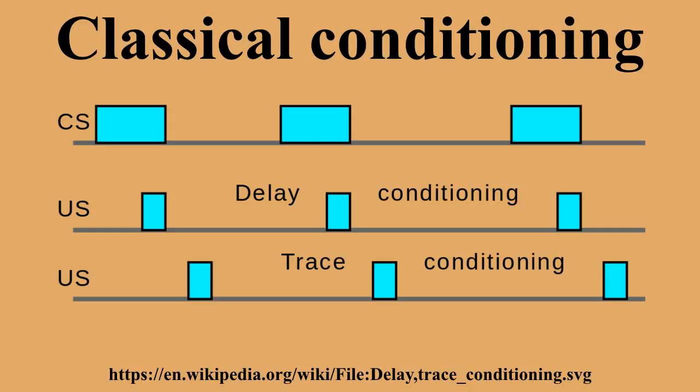He called the stimulus the conditioned stimulus because its effects depend on its association with food. He called the food the unconditioned stimulus because its effects did not depend on previous experience. Likewise, the response to the CS was the conditioned response and that to the US was the unconditioned response.